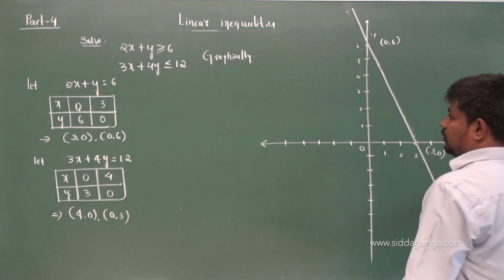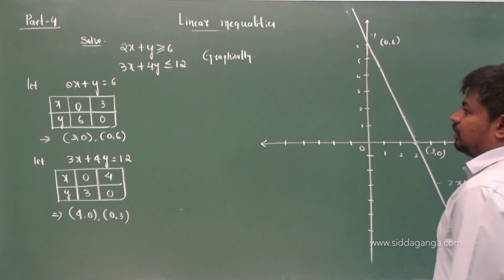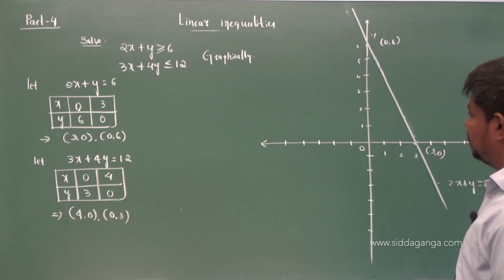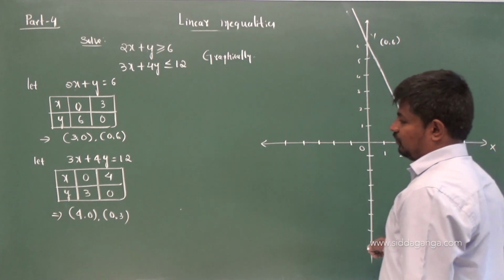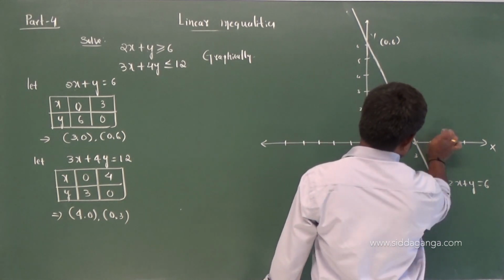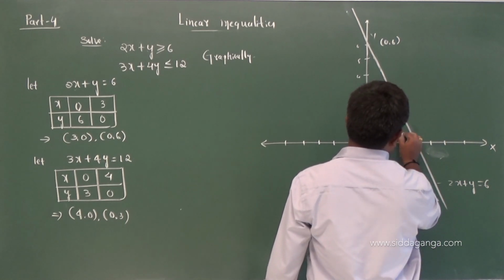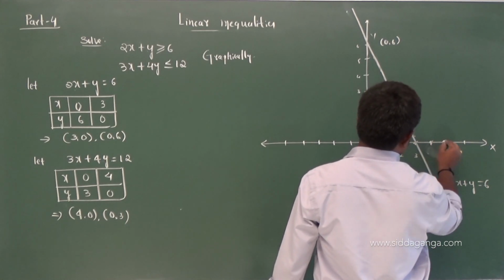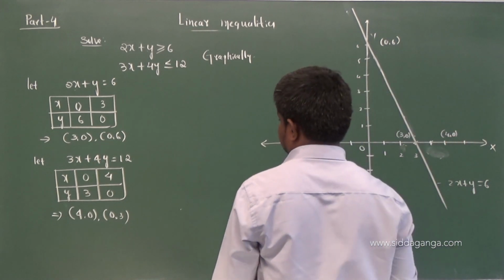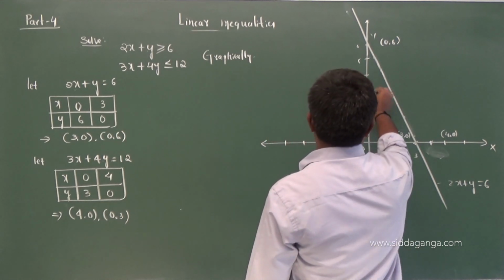So this is your 2x plus y is equal to 6. Second line passes through what? 4 comma 0 and 0 comma 3. This is 4 comma 0 and 0 comma 3.